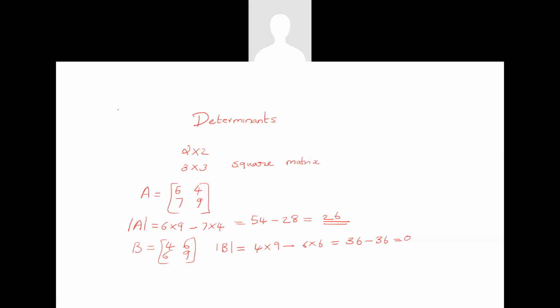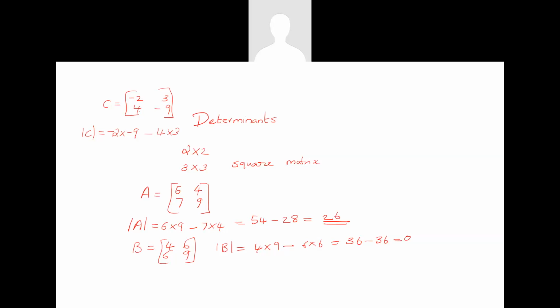Now suppose you have another matrix that is given to you. That is C is equal to minus 2, 3, 4, minus 9. And this is also a 2 by 2 square matrix. You can compute the determinant of C. You multiply minus 2 into minus 9, minus 4 into 3.